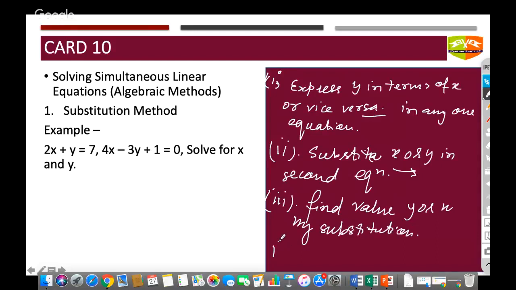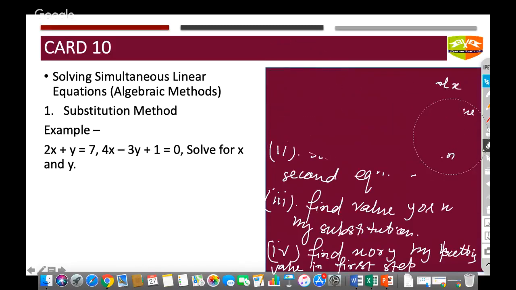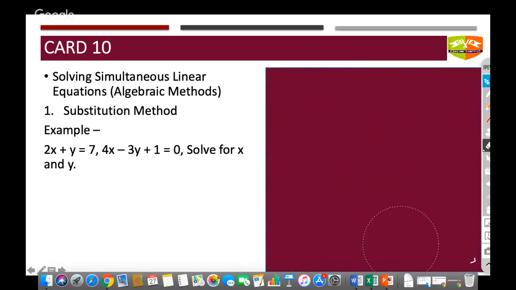If you get one value, the second equation is already available to you, and find x or y by putting the value in the first step. So these are the 4 steps to solve these questions, and I will solve this question and tell you how these things happen.